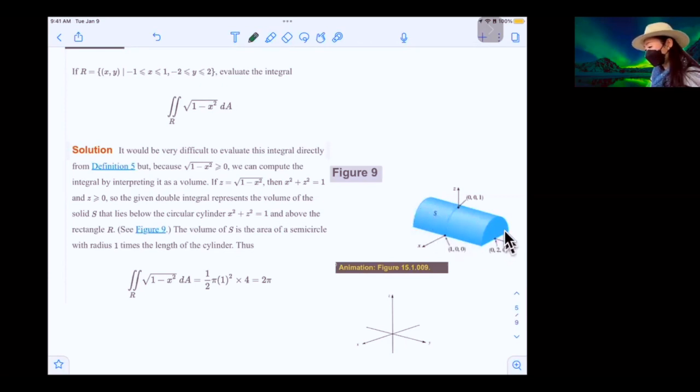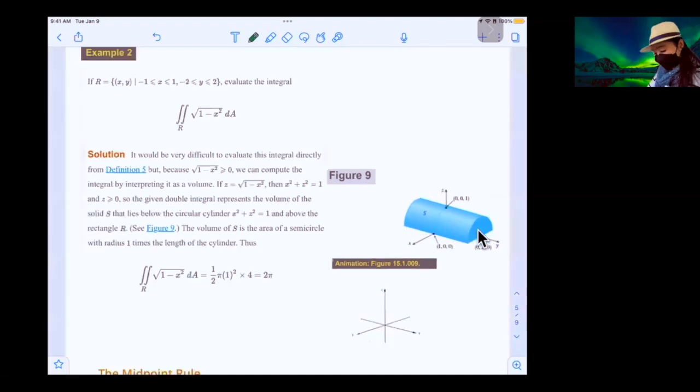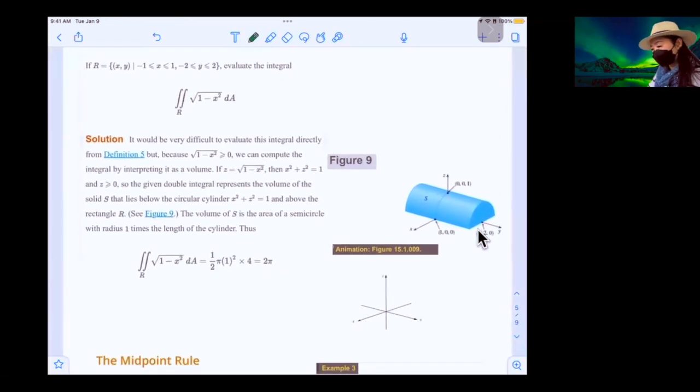So imagine you have a rectangle down on the xy plane. And what are they looking for? They're looking for this double integral of this function over this rectangular region on the xy plane.